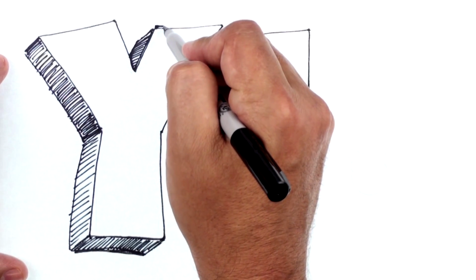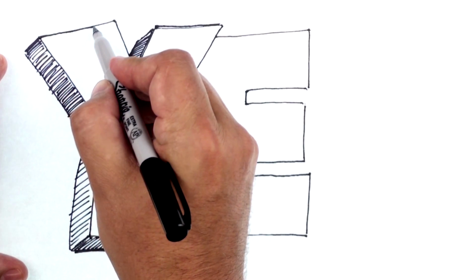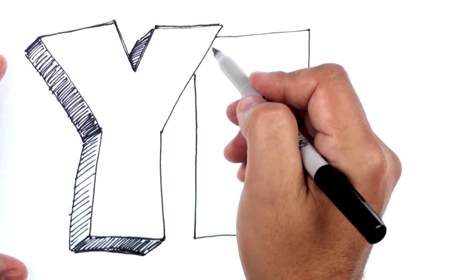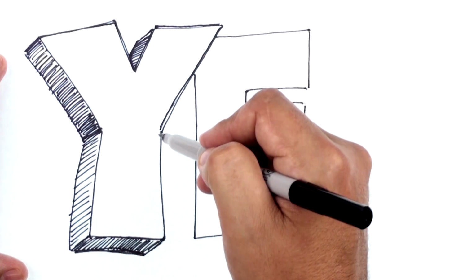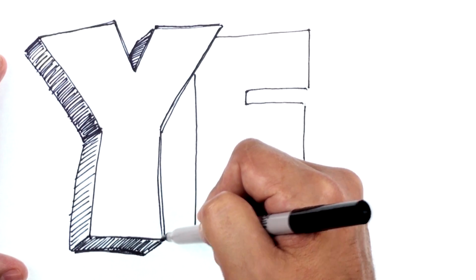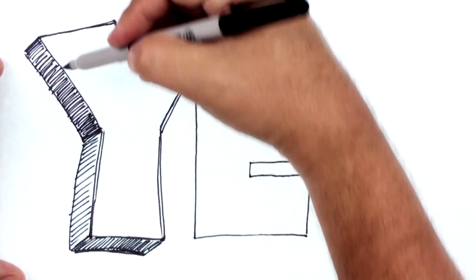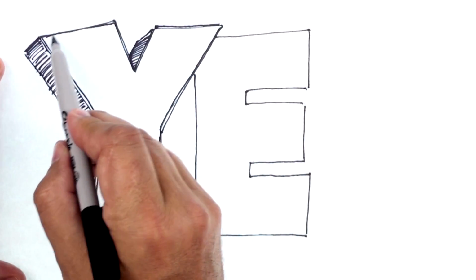Make this a little stronger just by going over our lines. In fact, it's kind of fun to just double them up a bit. Give it a little beveled edge look.